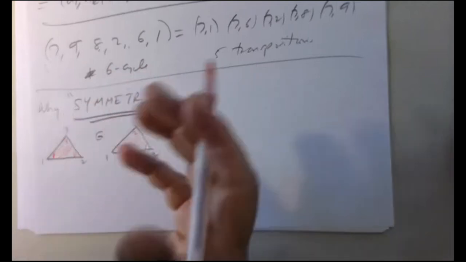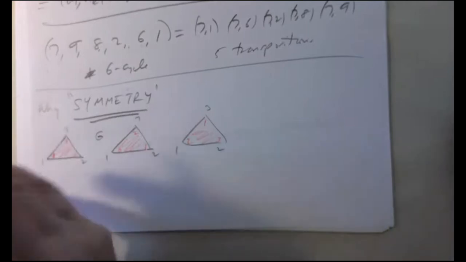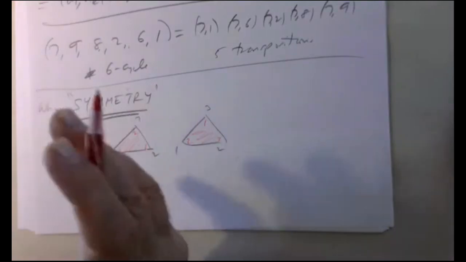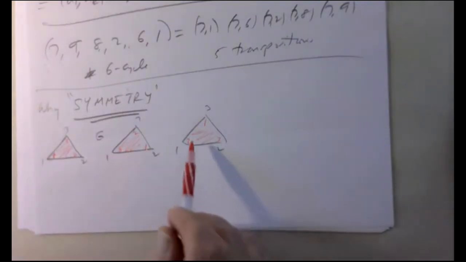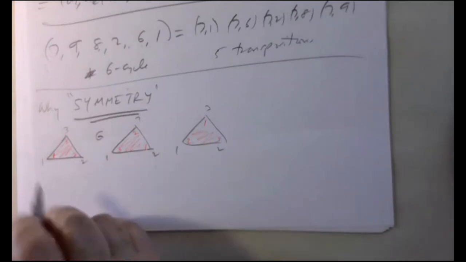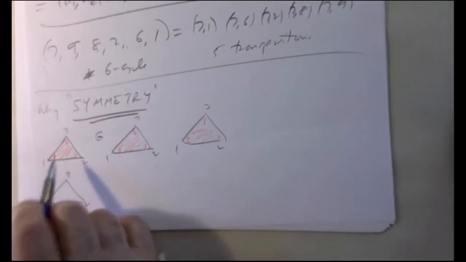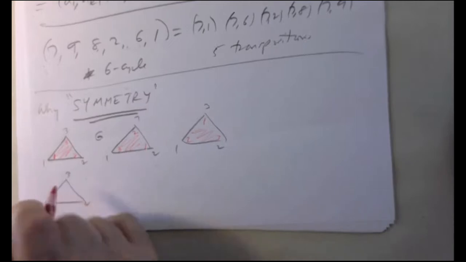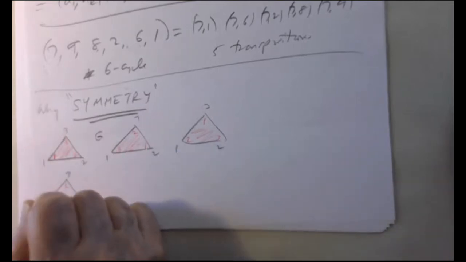These are operations you can perform on the triangle, and it doesn't change its appearance. You're moving it, but it still looks the same. Here, I'm rotating it 120 degrees. Here, I'm rotating it again by 120 degrees. What else could I do? Well, I could pick up the triangle and flip it. So I'm interchanging 2 and 3.